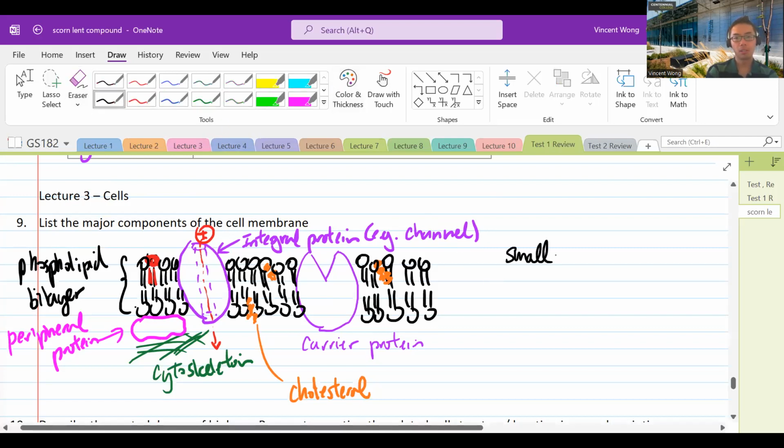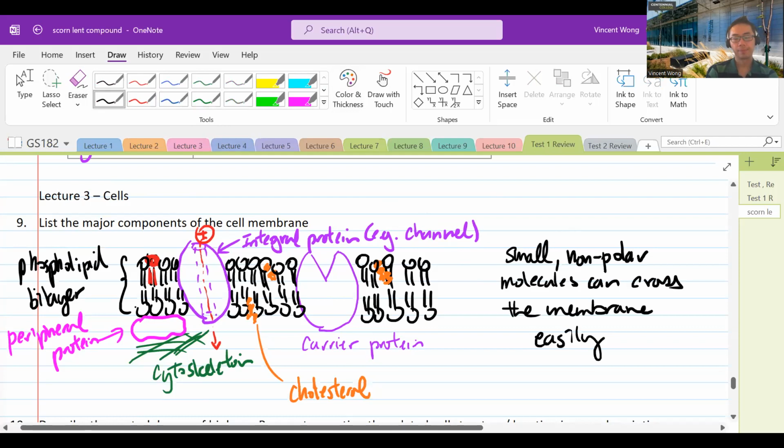Small non-polar molecules can cross the membrane easily. Okay, whereas if it's charged or hydrophilic or polar, then it would probably require some kind of transport protein.